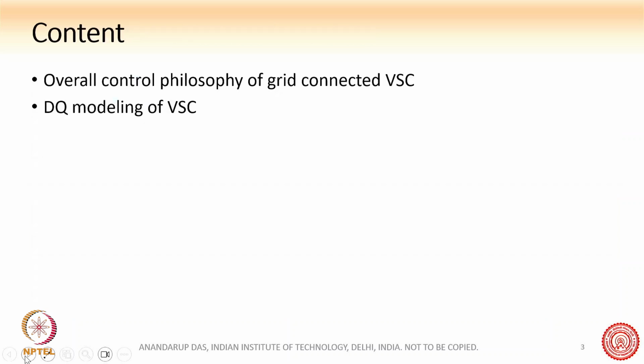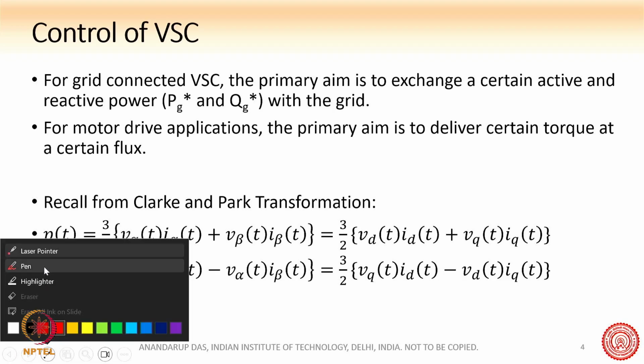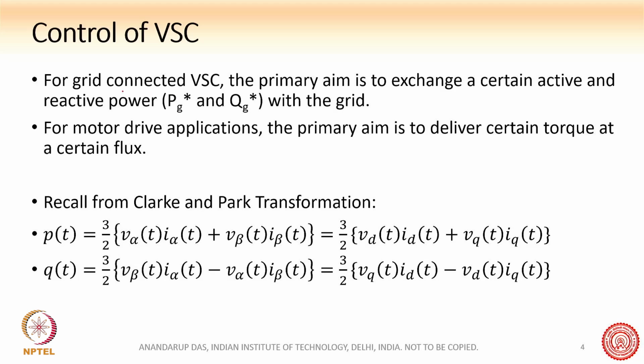First we will talk about the overall control philosophy and then we will go into the modeling part. Let us recap a little bit about the grid connected VSC. As we talked about extensively in the previous lectures, when we use a grid connected VSC, the primary aim is to exchange a certain amount of active and reactive power with the grid.